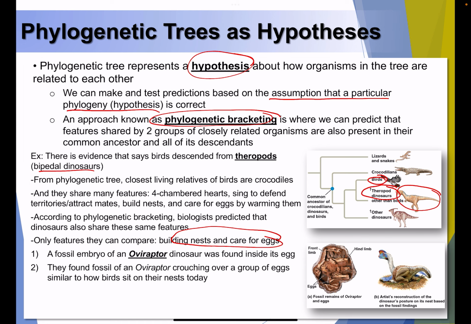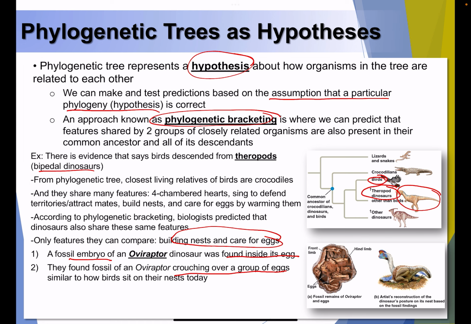So first, a fossil embryo of an oviraptor, okay, dinosaur, was found inside its egg, which means whatever egg fossil we see should have embryos inside of them. And second, they found a fossil of an oviraptor crouching over a group of eggs, similar to how birds sit on their nest today.